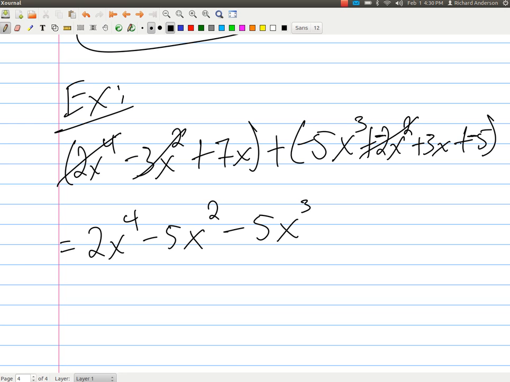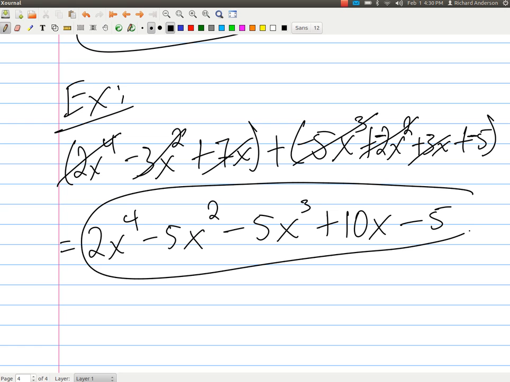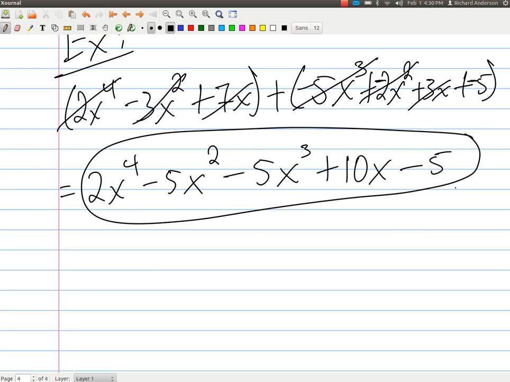Obviously, I can't combine that with anything else in my problem because I don't see another x to the third term. 3 more terms to worry about. 7x plus positive 3x. 7 plus 3 is going to give me 10x, like so. And then, of course, my last term out here is this negative 5. So I'll just tack that onto the end, minus 5, and that would be my answer.